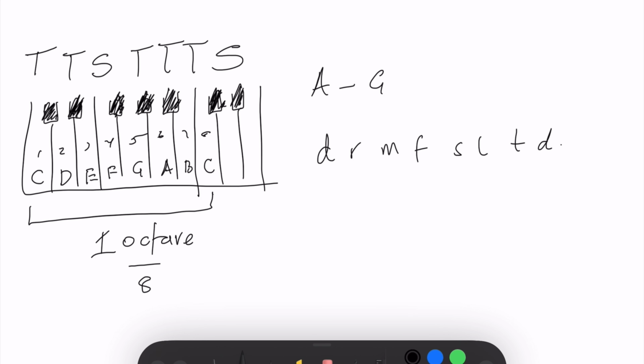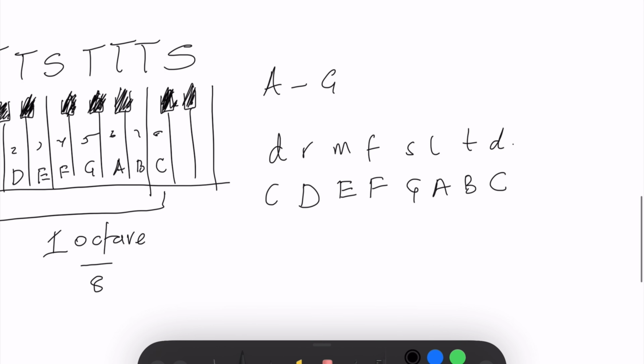But let's use the tonic sol-fa right now to identify these notes. This is C, D, E, F, G, A, B, C. So the rule states that for major keys, between the third and the fourth notes is a semitone, and between the 7th and 8th is another semitone, and all the intervals apart from these two are tone intervals.